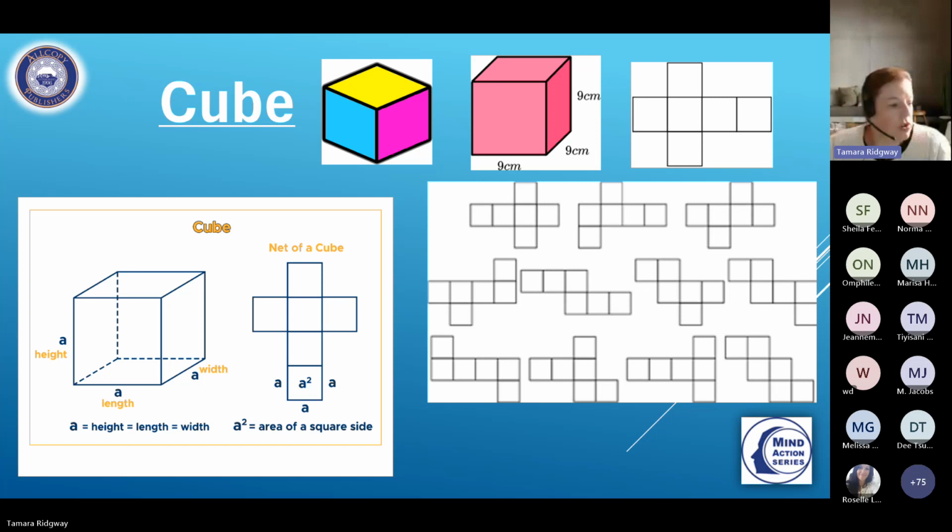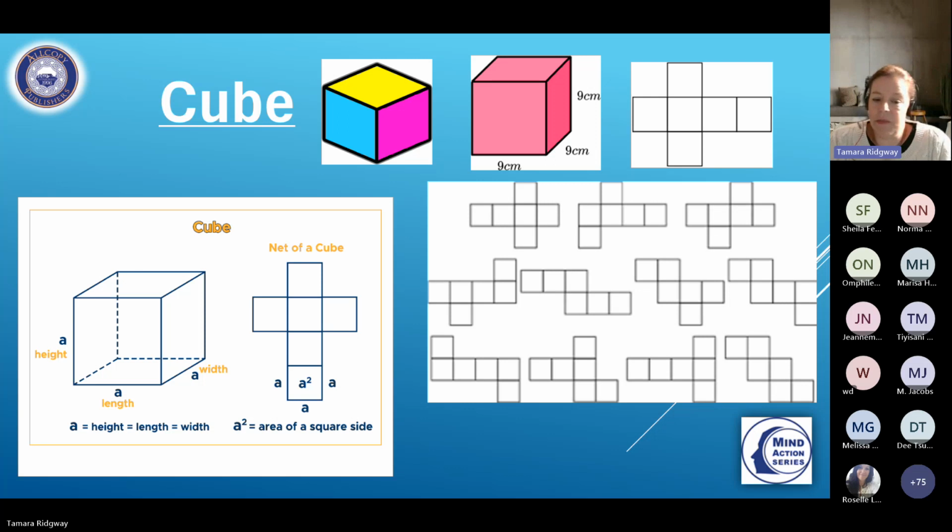I'm going to go on to the cube. So I'm going to work through those shapes. Okay, so the cube, we know what the cube is. We know it's a cube because all the measurements are exactly the same. And this is the conventional net for the cube.